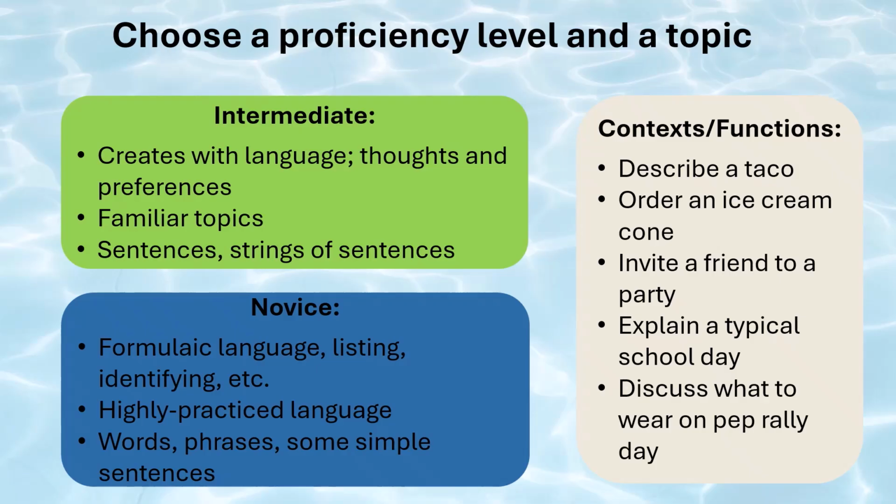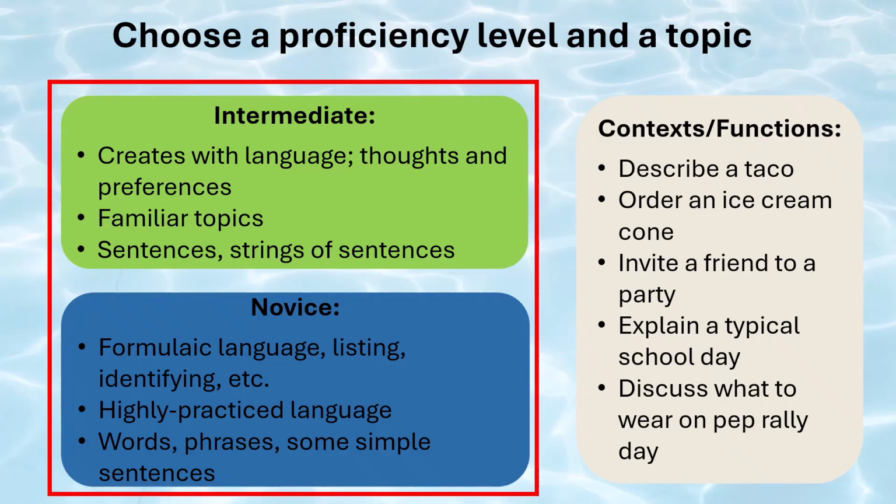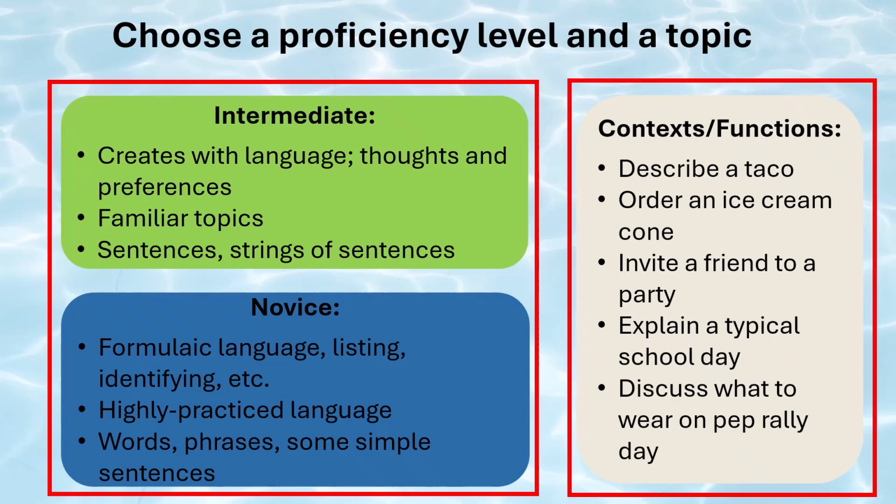Here's an example of an activity that you could do with your students. If they're at the novice level, you could have them do this activity in English. Give them a list of proficiency levels you would like to highlight and give some key descriptions of that proficiency level. Next, list some basic contexts or functions, and then ask students to describe the topic using one of the proficiency levels.